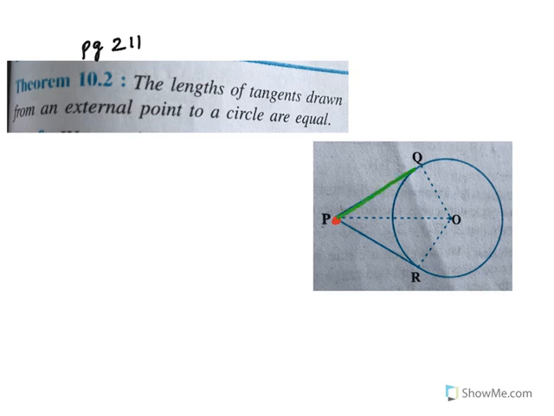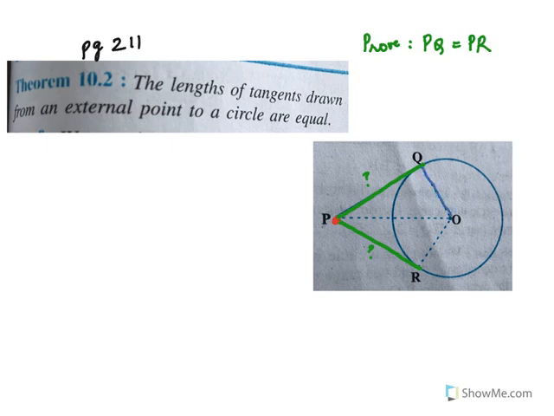One is PQ, one tangent, and this is PR, the other tangent, and I have to show that PQ is equal to PR. That is my question.